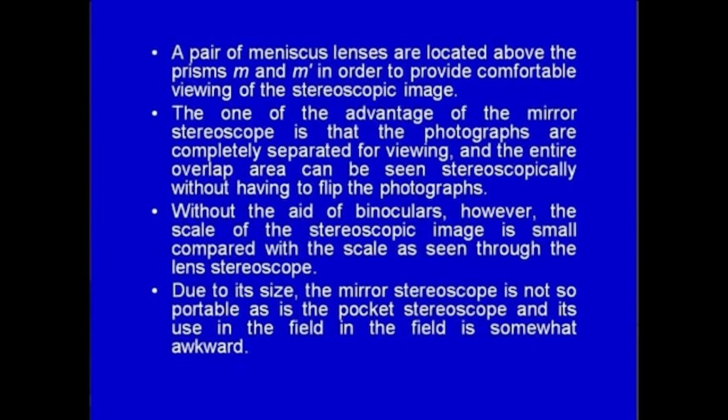Without the aid of binoculars, however, the scale of the stereoscopic image is small compared with the scale as seen through the lens stereoscope. Due to its size, the mirror stereoscope is not as portable as the pocket stereoscope, and its use in the field is somewhat awkward.